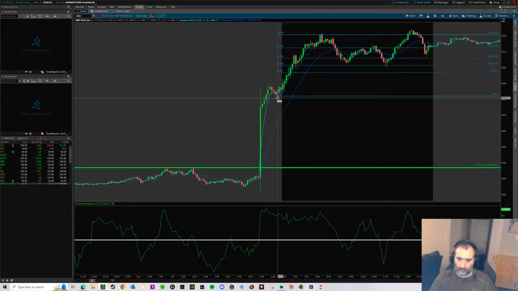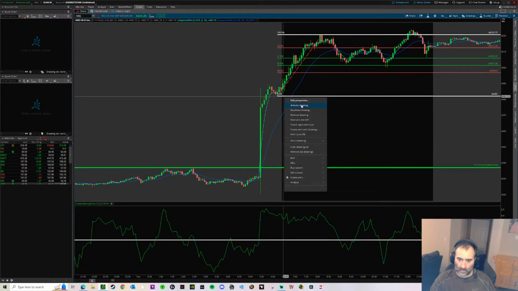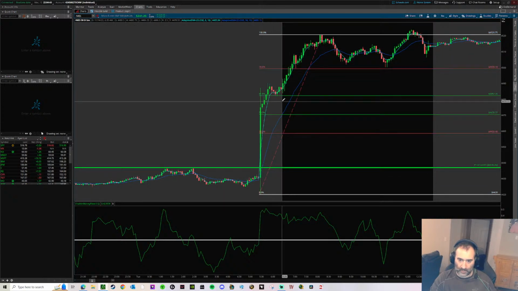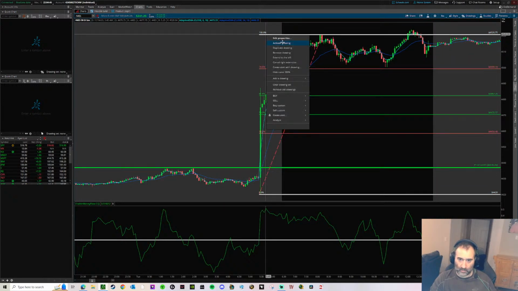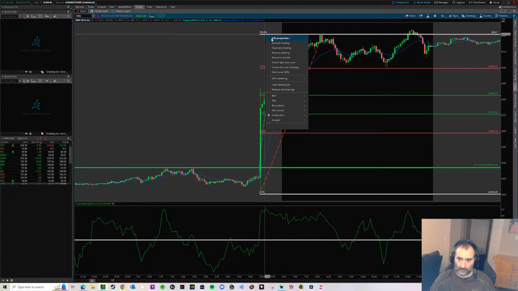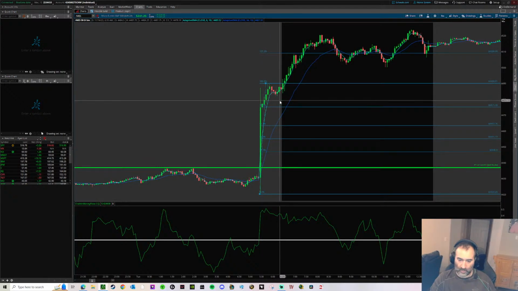Play here. You got some good levels, some possible plays, but can't really ignore the gap. And since this isn't a valid pullback here, because all you got would be nothing, right?